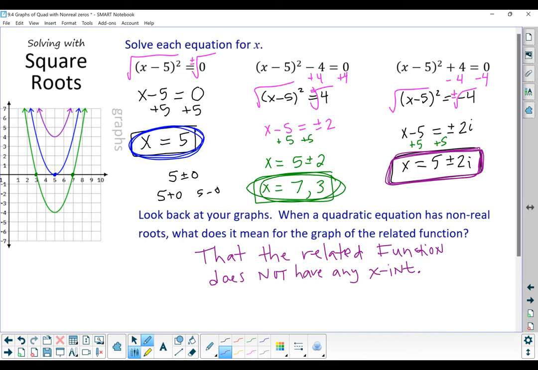The function will not cross the x-axis. Sometimes I call these floaters. Either they're floating up above the x-axis, or if they're reflected, then they are below the x-axis, but they will not cross the x-axis.